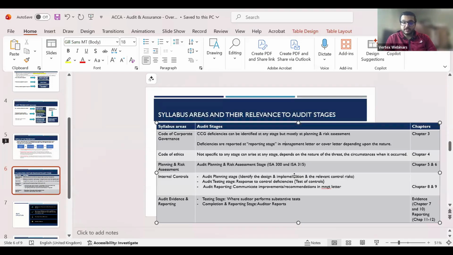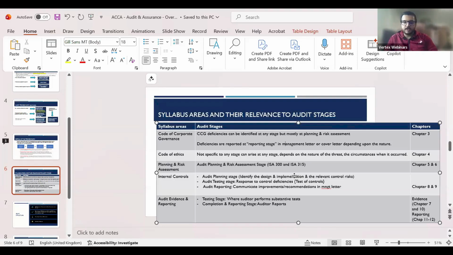So there is no particular audit stage for it. Planning and risk assessment stage, as the name suggests, your syllabus area is exactly based on the name of the stage itself. Same name, same syllabus area. Chapters 5 and 6 are your relevant chapters for this.